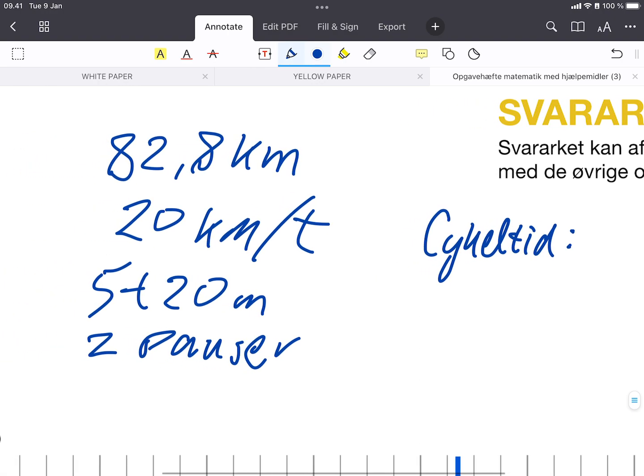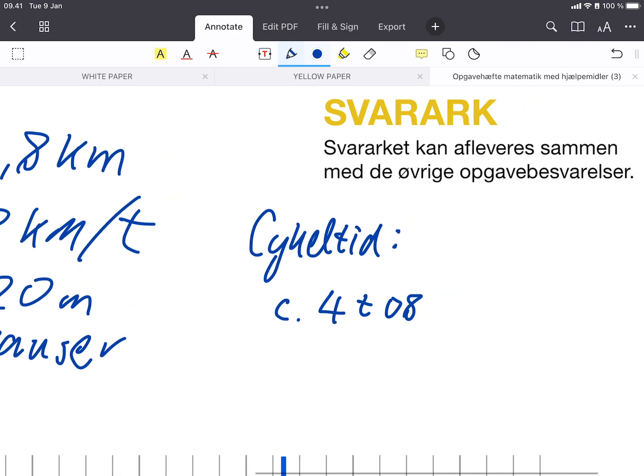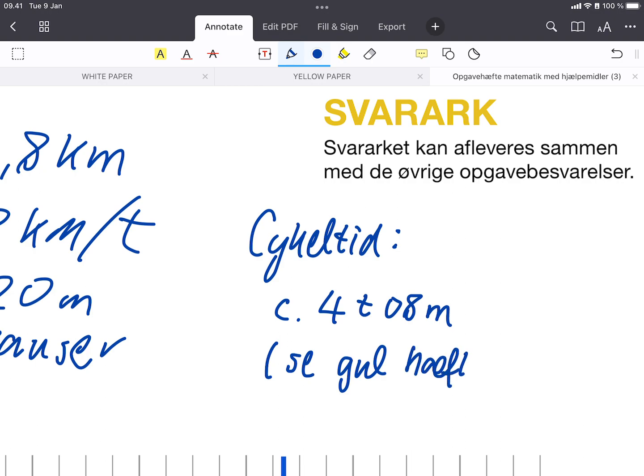Circa approximately 4 hours and 8 minutes. God, what do they call that rough paper? Something like Klärhefte. I'll just write C yellow paper. No, C yellow hefter.